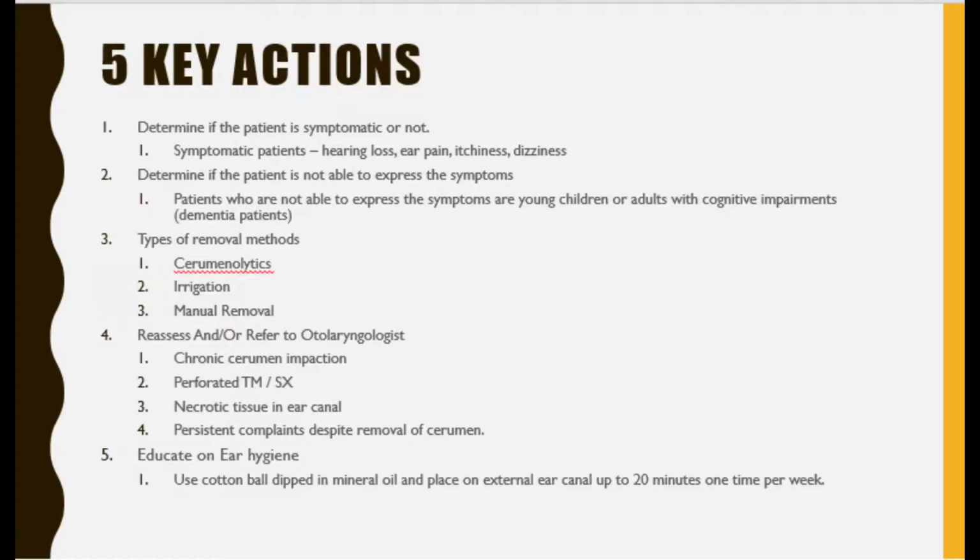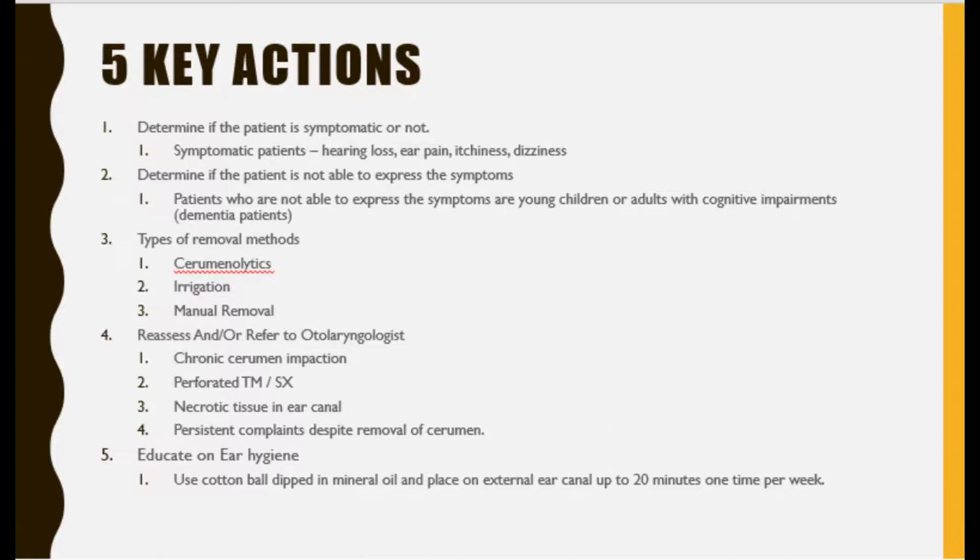These are the 5 key actions that I found in the clinical practice guidelines. First, see if the patient is having symptoms, such as hearing loss, ear pain, itchiness, or dizziness. You also want to determine if the patient is able to verbalize the symptoms.